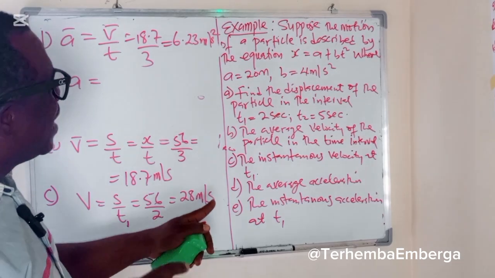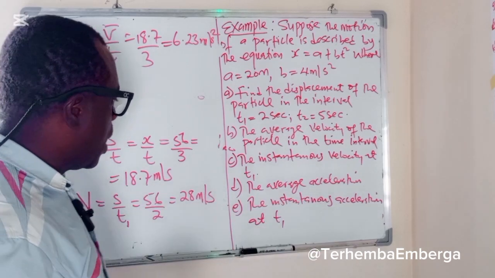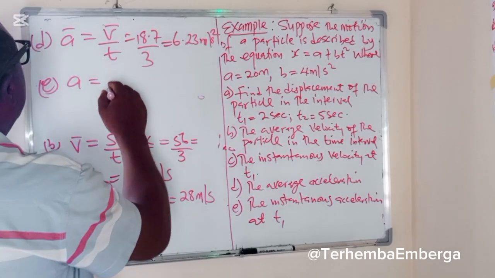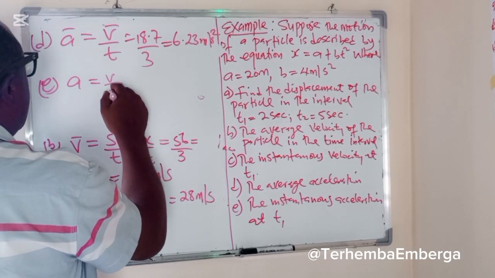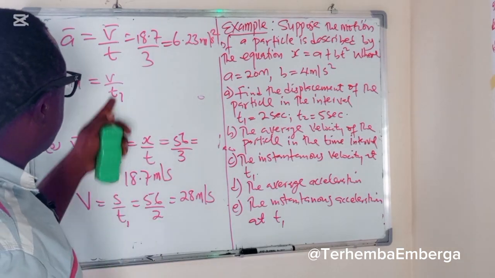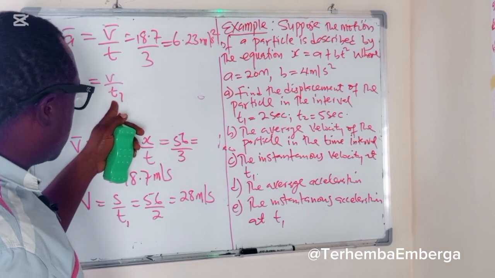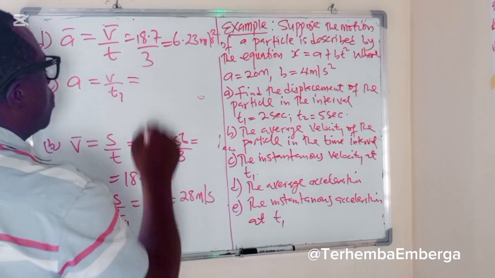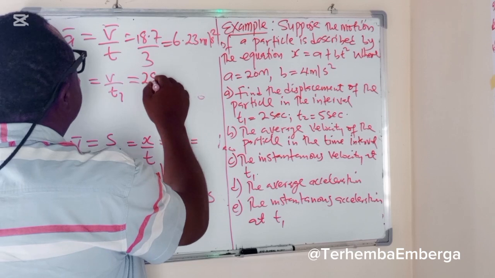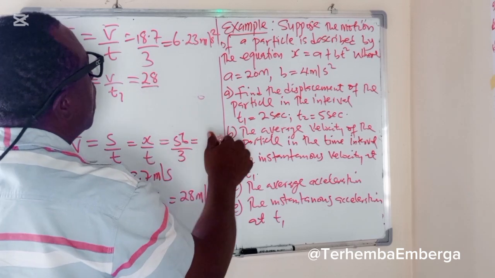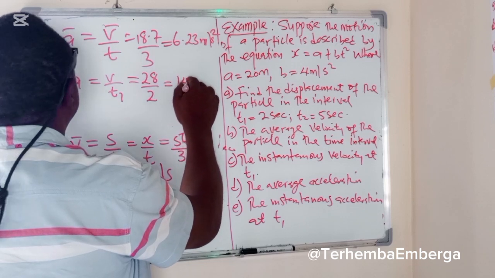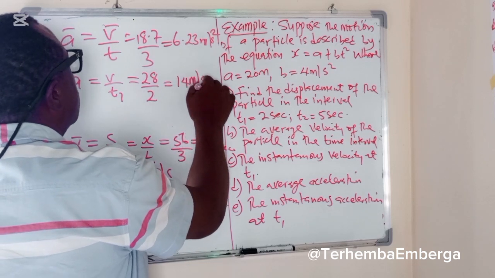So here we are talking about the instantaneous acceleration. Instantaneous acceleration will be equal to v over T1, that is the instantaneous velocity, 28, over T1, which is 2. And that gives us 14 meters per second squared.